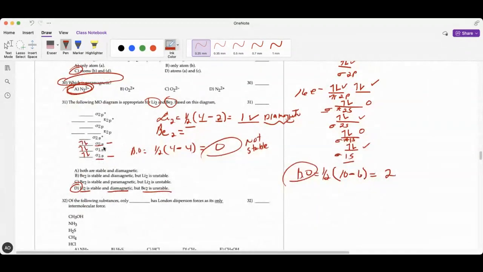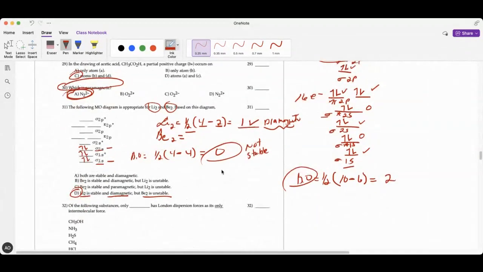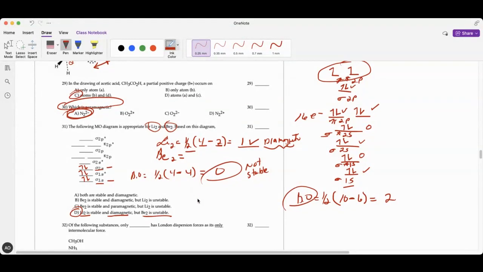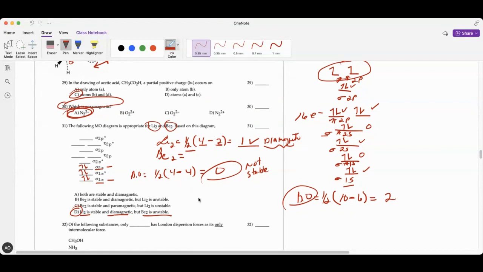Is that what the star is for, the anti-bonding order? Yes, it is. Okay, thank you. You're welcome. Any more questions? So it's basically bonding minus anti-bonding. Yes, 1/2 of the quantity of the bonding minus the anti-bonding electrons.